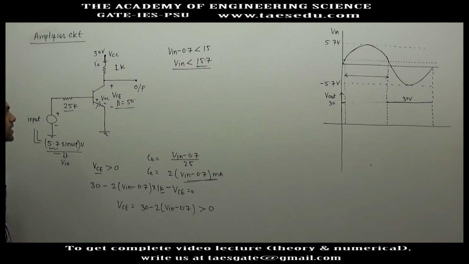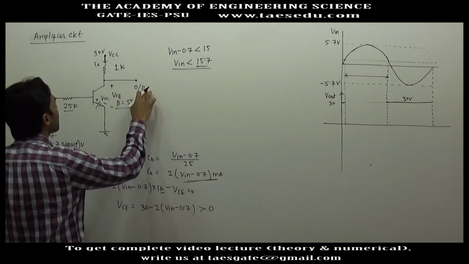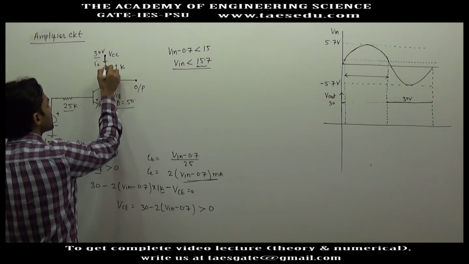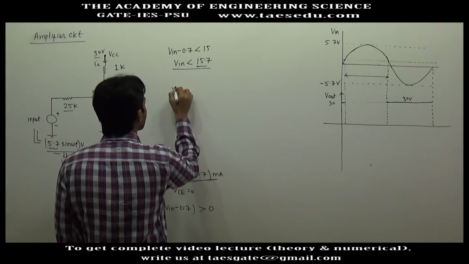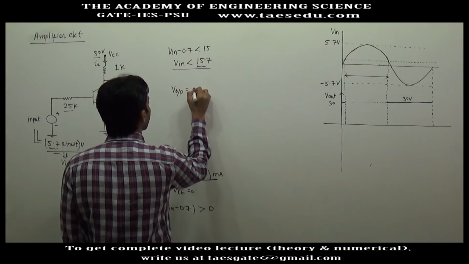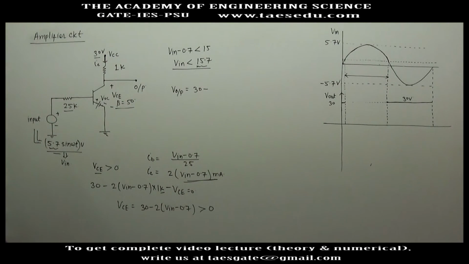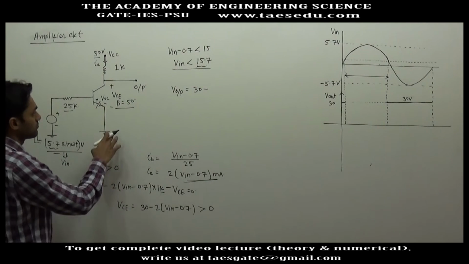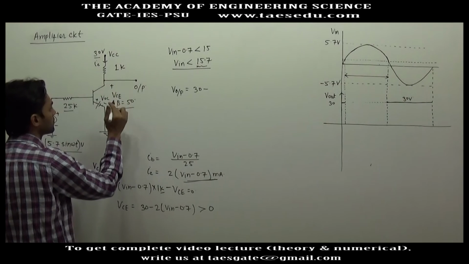So when it operates in active region, what will be the output voltage? Output voltage will be 30 minus this voltage drop. Or output is nothing but VCE only.